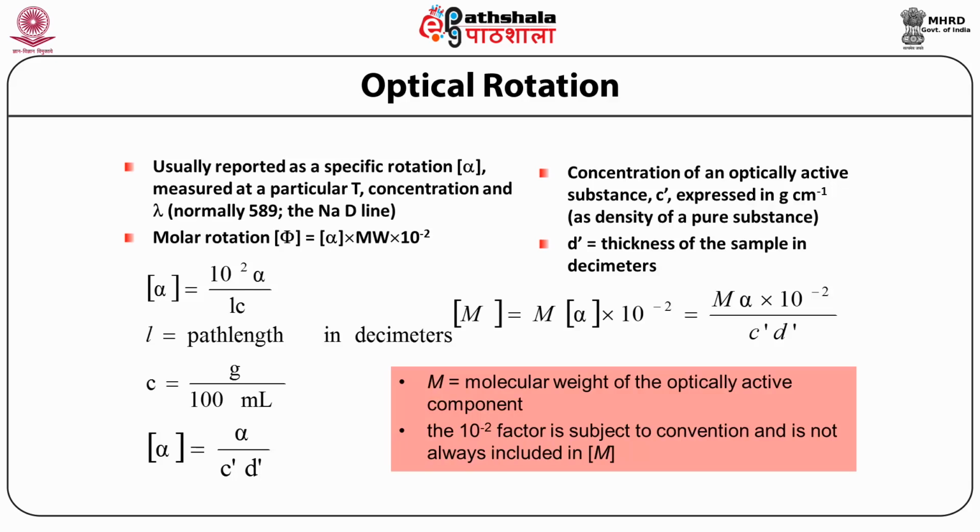And alpha is alpha by C prime D prime, where the concentration of an optically active substance C is expressed in gram per centimeter, and D is the thickness of the sample in decimeter.